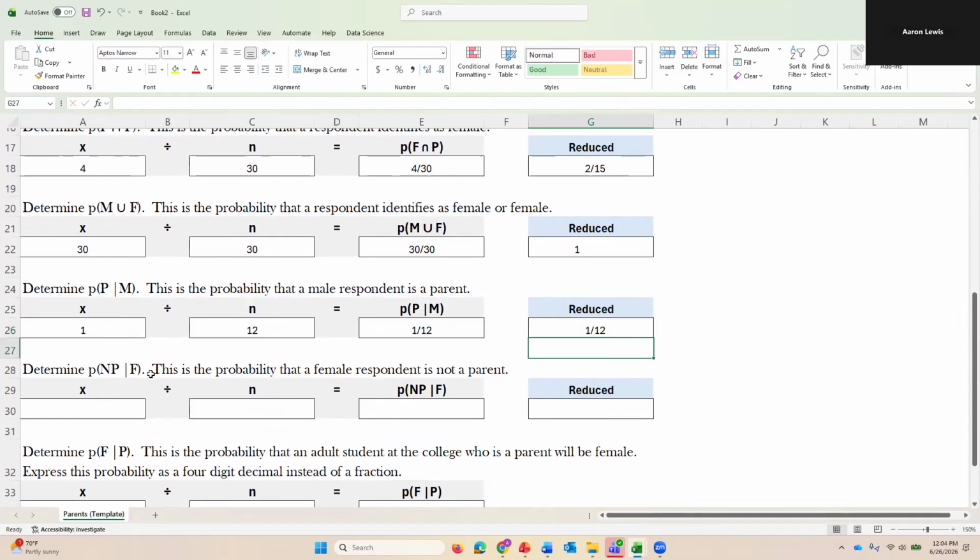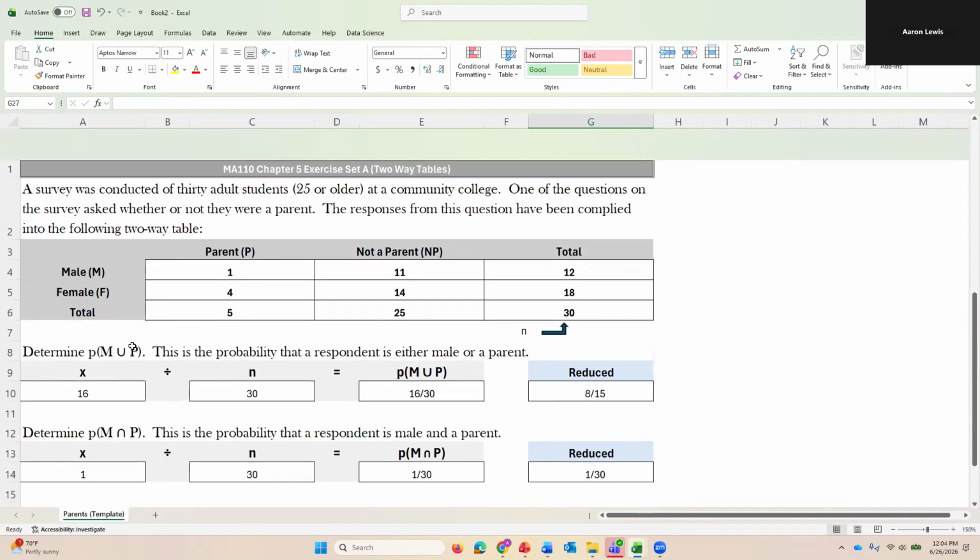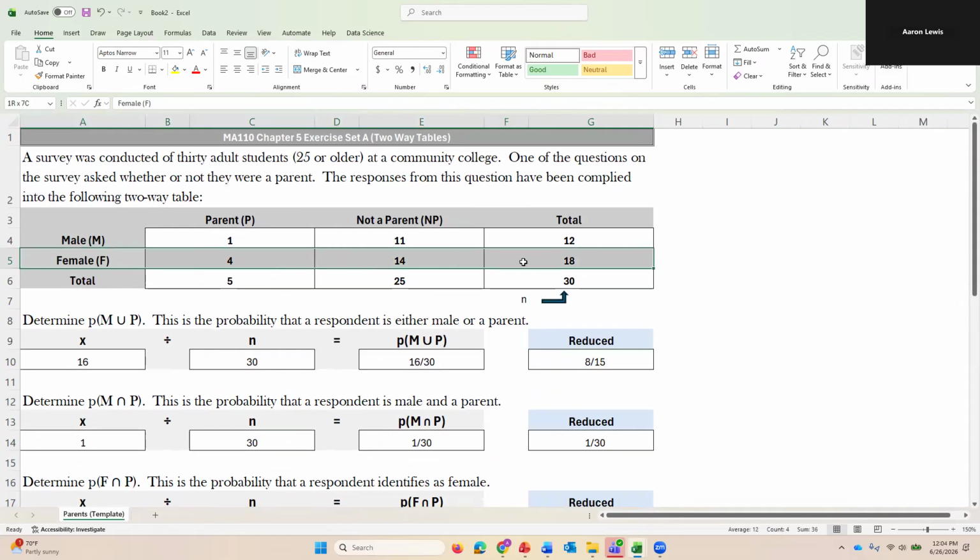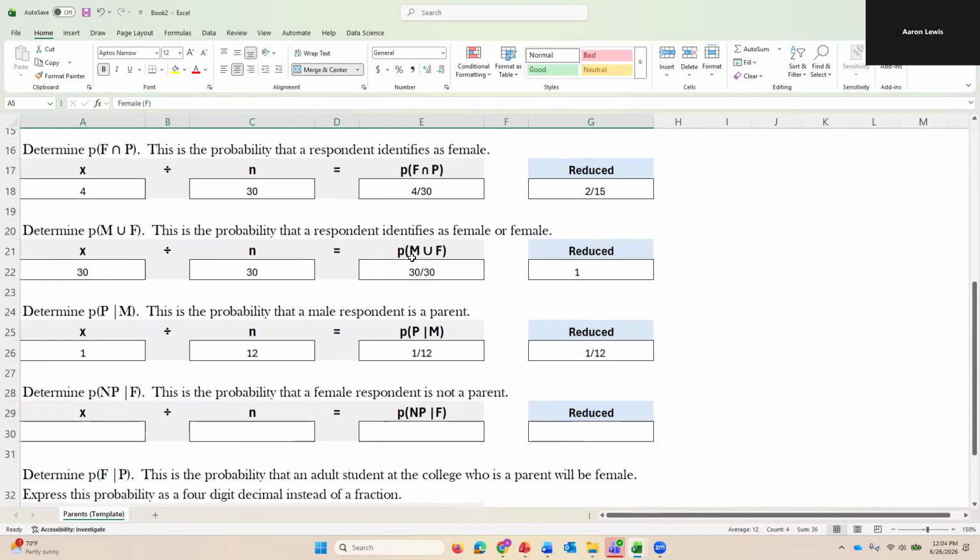Let's go through and do another one of these. In this case, we have the probability that somebody is not a parent given they identify as female. So we only care, in this case, about what is given, the responses of students who identified as female, that row. That means that 14 out of the 18 female students that responded were not yet a parent.